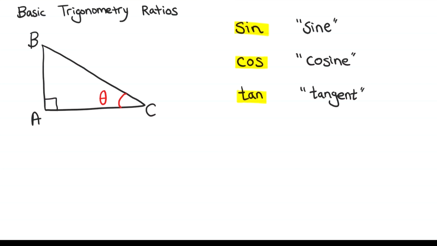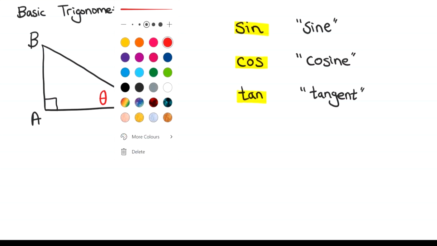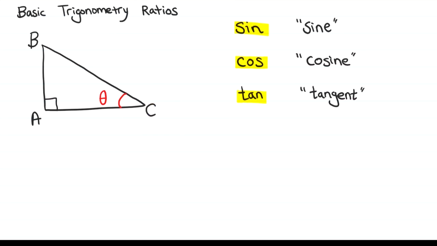Then the names of the sides, the legs, depend on which angle you're looking at in a right triangle. Let's say side AC contains the right angle and the theta that we're looking at. We call that the adjacent.